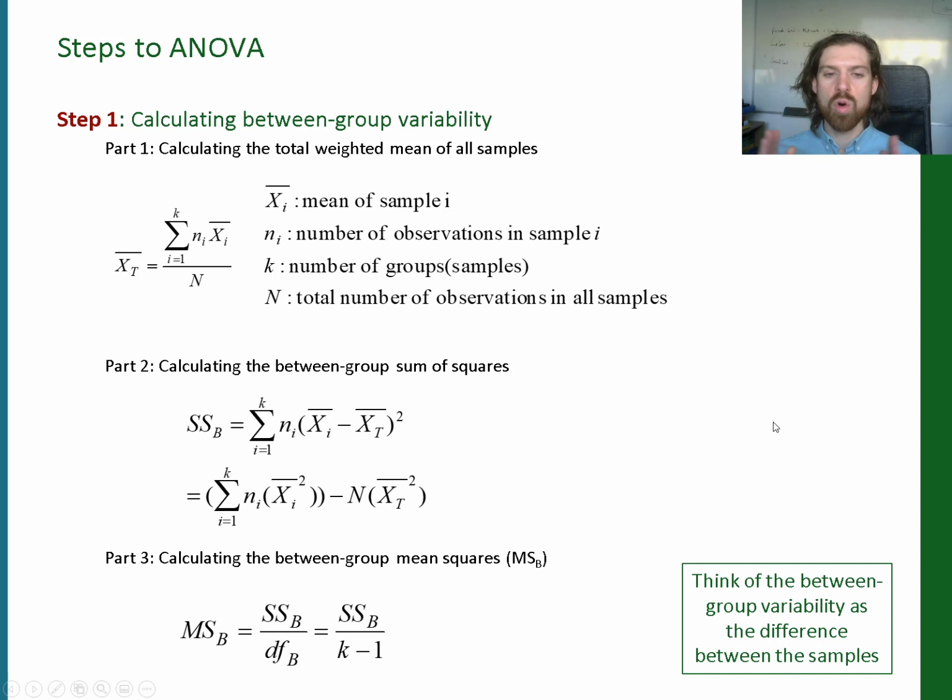We're thinking of how far apart the sample means are from each other. We get the between group sum of squares, SSB, by working through this equation, and then we take the mean of the squares by using SSB as the numerator and dividing by k minus 1, where k is the number of groups, which gives us the degrees of freedom. That provides us with this between group mean squared value for part 3.